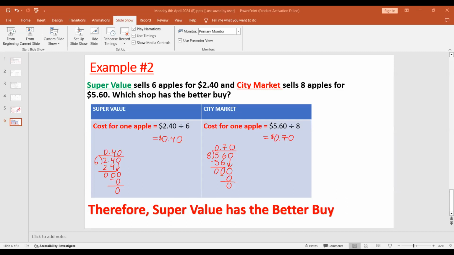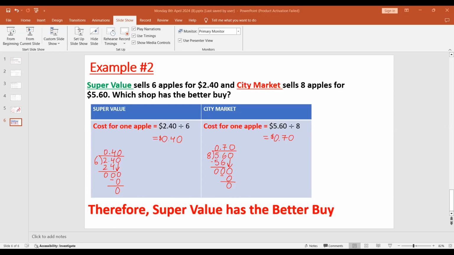Thank you. And Reagan, where's Reagan? Do you understand how we got this? Explain it for me. Okay, it says SuperValue sells 6 apples for $2.40, and City Market sells 8 apples for $5.60. Which shop has the better buy? The cost of 1 apple at SuperValue equals $2.40 divided by 6, which equals 40 cents.